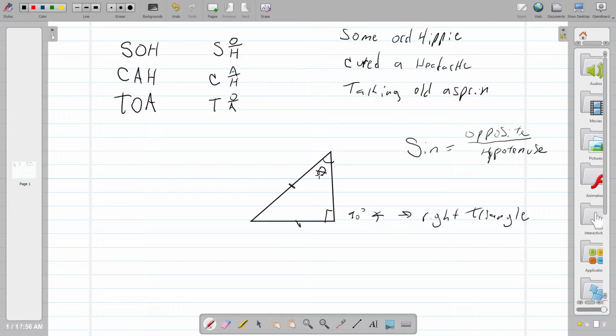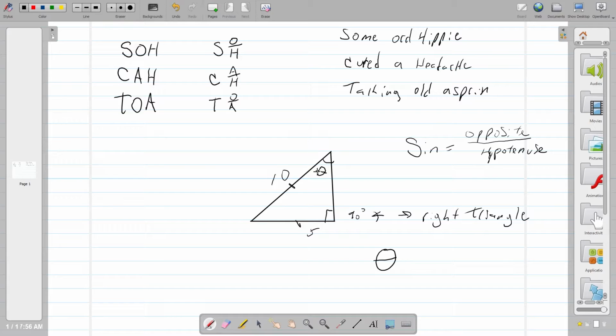So if I want the sine of theta here, say this side was 5 and this was 10. So we're trying to figure out what the angle is. What is theta? We don't know.